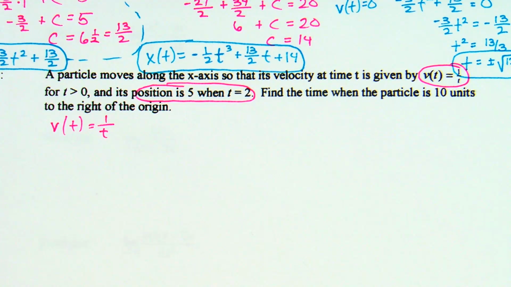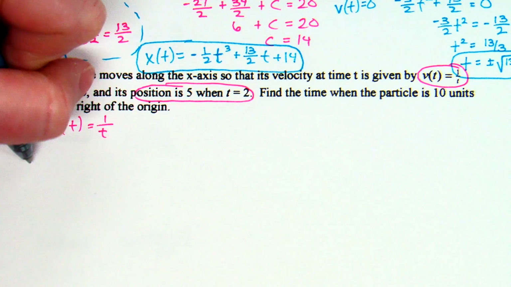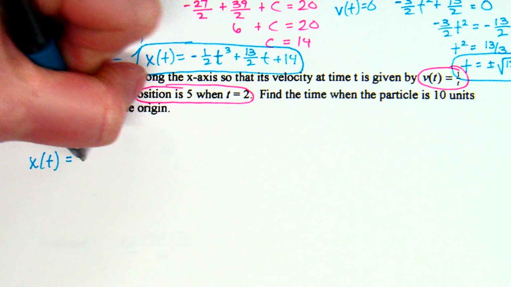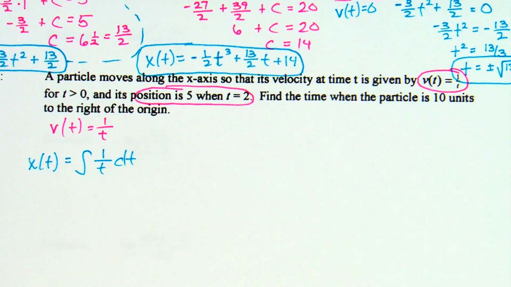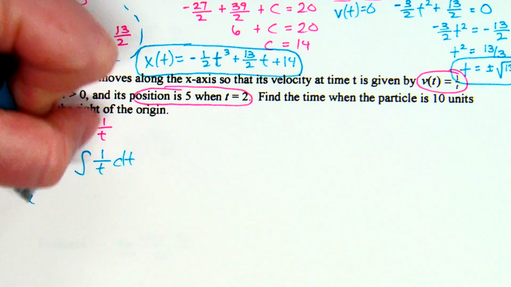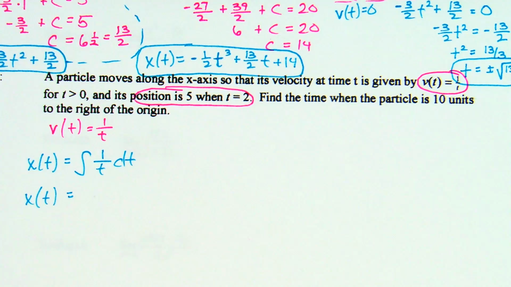So that means we're trying to find the time when we know that position, right? So what do we have to find here? The position equation. If we know velocity, how do we find position? Yeah, it's the integral of velocity. So we're doing the integral of 1 over t dt. What is the integral of 1 over t?